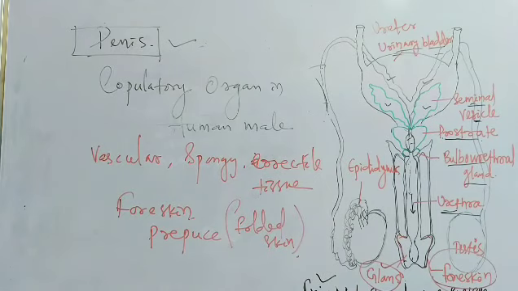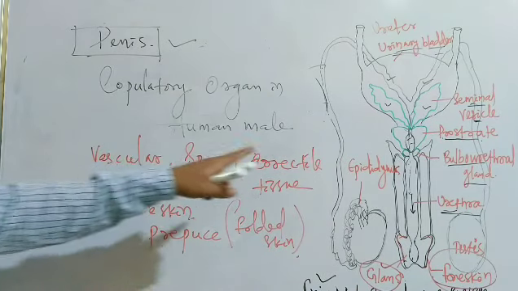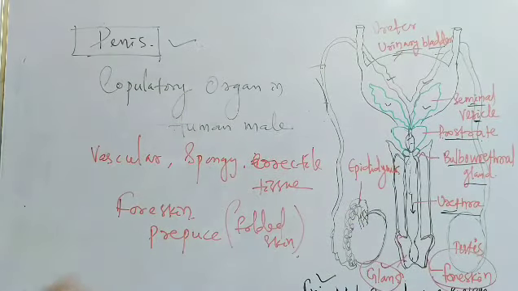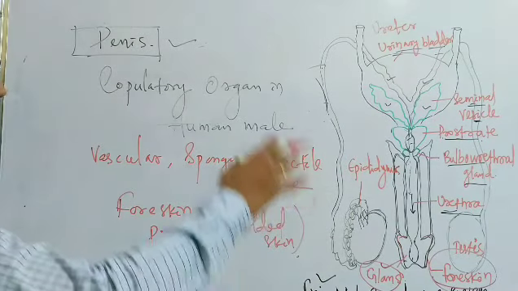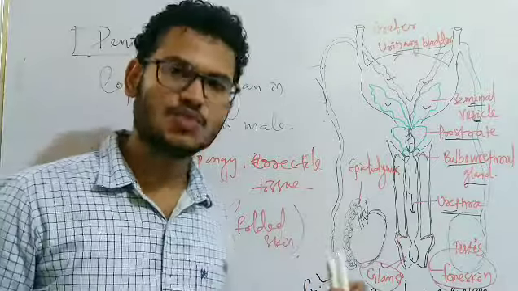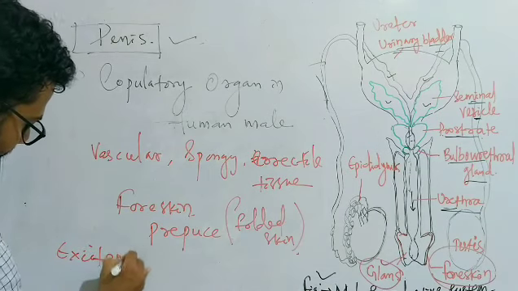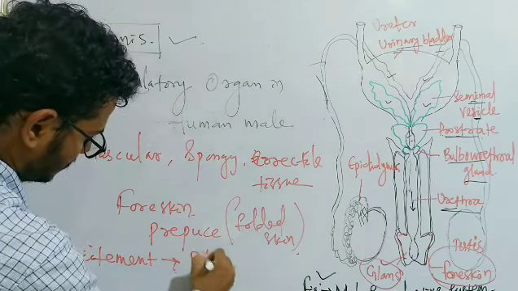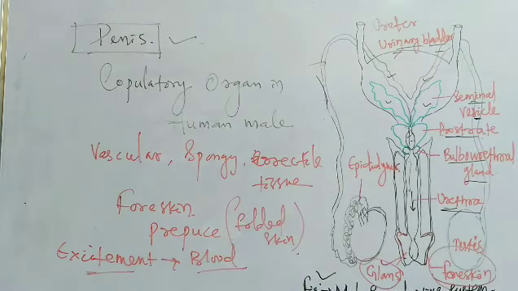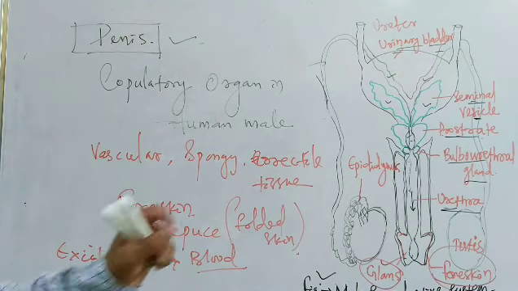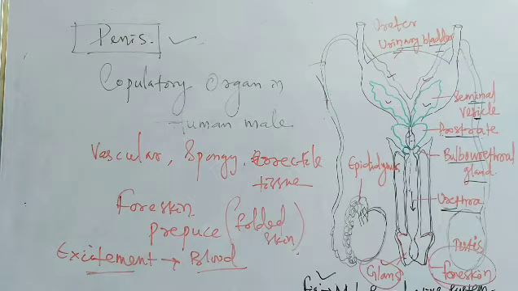The penis contains three longitudinal columns of erectile, spongy tissue, which fill with blood during excitement. The urinogenital duct is surrounded by the corpus spongiosum.